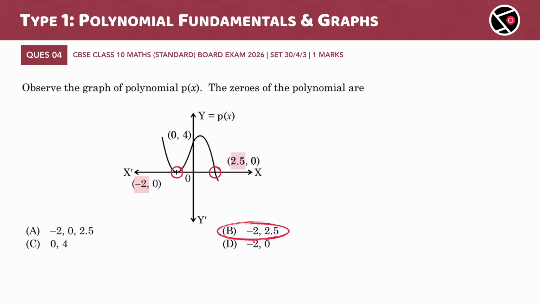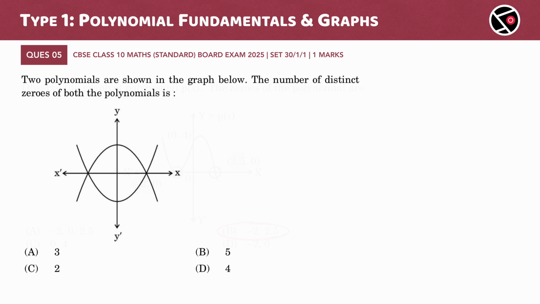Here is another graph-based question. But this time, we have 2 polynomials. Pause the video and give it a try. The 2 graphs intersect the x-axis at the same 2 points. One point on the left side and one more point on the right side.